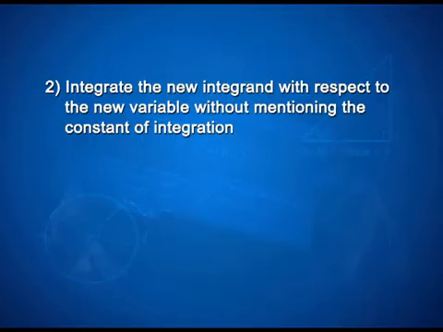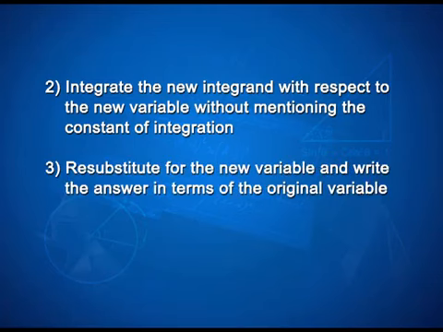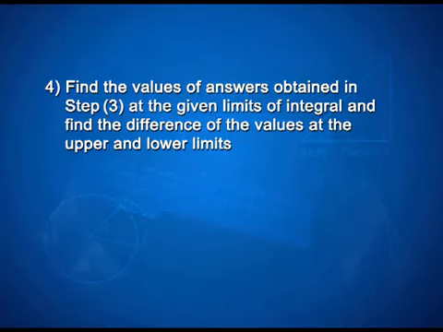Second step is to integrate the new integrand with respect to the new variable without mentioning the constant of integration. Third step, resubstitute for the new variable and write the answer in terms of the original variable. Fourth step is to find the values of the answer obtained in step 3 at the given limits of integral and find the difference of the values at the upper and lower limits. Let us illustrate this by an example.